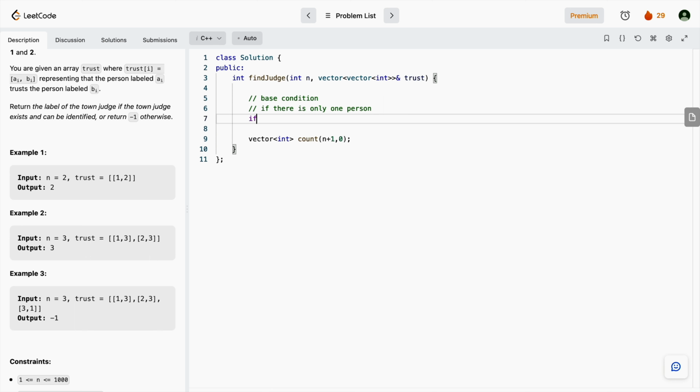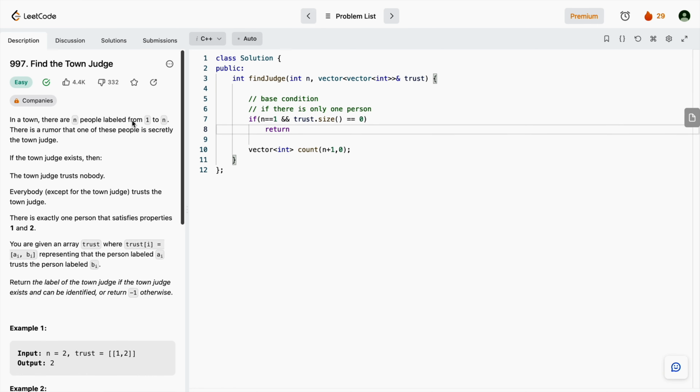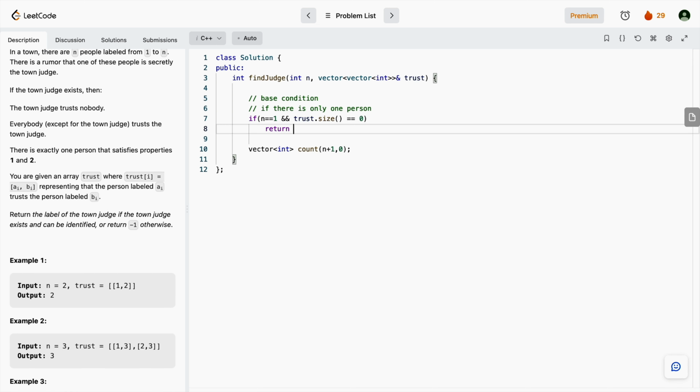So that condition would look like: if n is equal to 1 and the trust vector is empty, then this only person is the town judge. So directly return one.